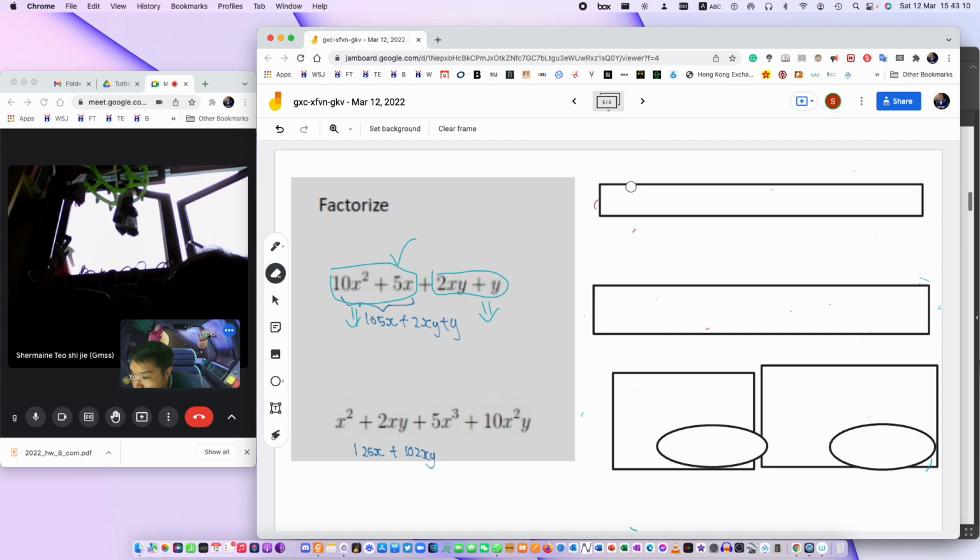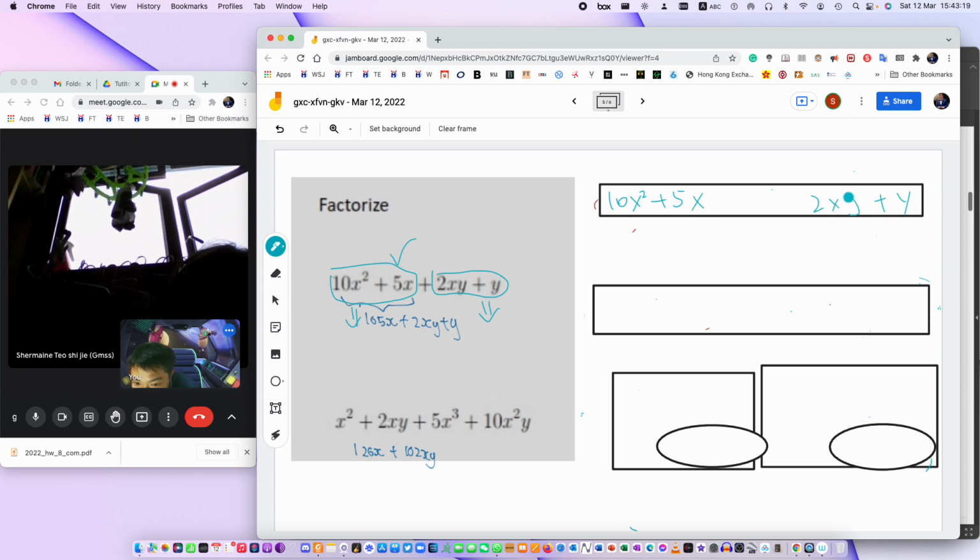Okay, good. So I have 10x squared plus 5x. Then I have 2xy plus y. Okay, I split them first. Why do I split them? Because I want to group these two together.